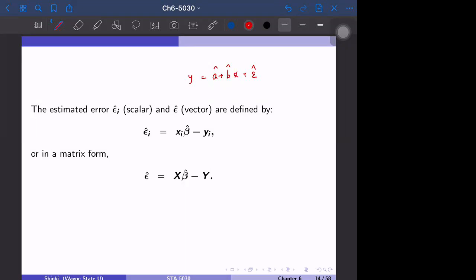If we plug in the true a and b, we can identify epsilon, but we only have a hat and b hat, so epsilon hat is also just an estimated number. Epsilon is calculated as yi minus x beta hat. In general, epsilon 1 hat to epsilon n hat is given by y minus x beta hat. These are called residuals. Epsilon i hat is called a residual.